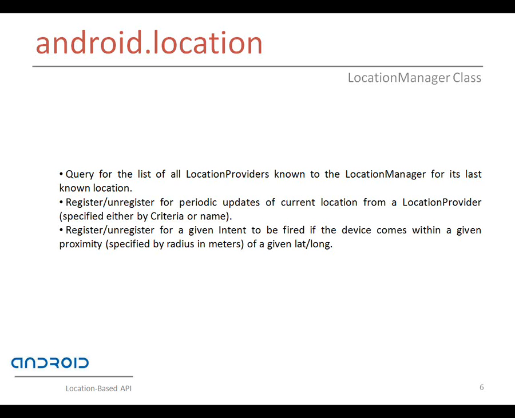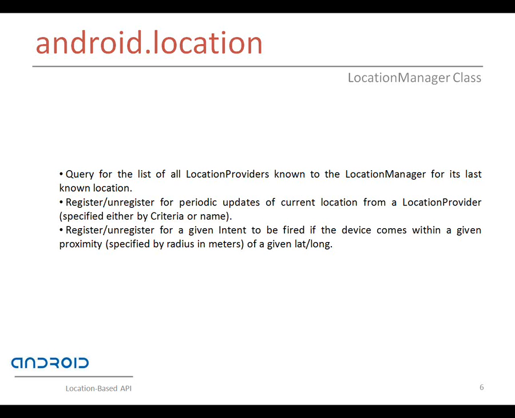Next is register, unregister for periodic updates of current location from a location provider. This is the next thing that location manager provides: register, unregister for periodic update of current location from a location provider, either by criteria or name. That criteria we will be discussing.